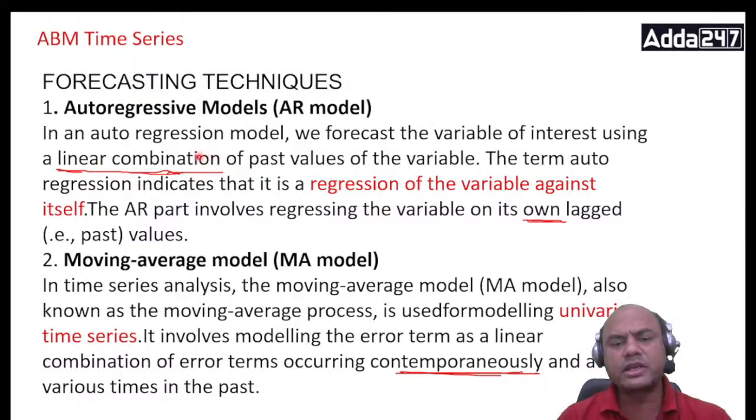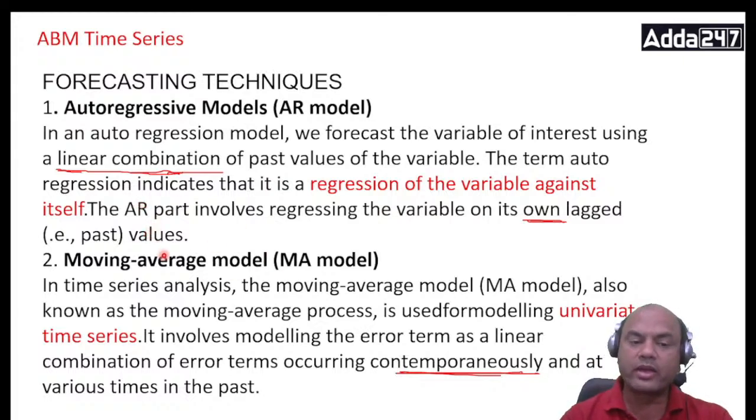Remember this word which I have highlighted. In exam, auto-regressive model will have this word linear combination. The term autoregressive indicates a regression of the variable against itself, okay? The AR part involves regression of the variable on its own lagged values. So lagged means what? Past values. These two sentences are same, against itself and lagged values, okay?